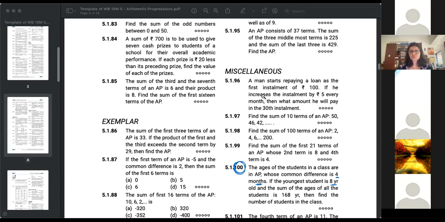So 17 plus 18 plus 19, check if that number that you've put there is slightly wrong. So that you need to check. And the second equation.